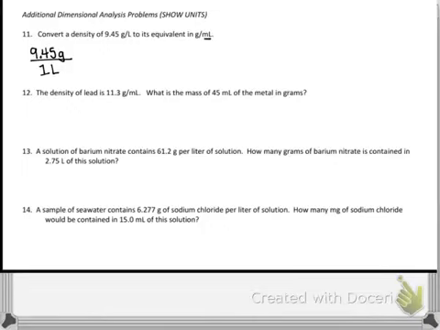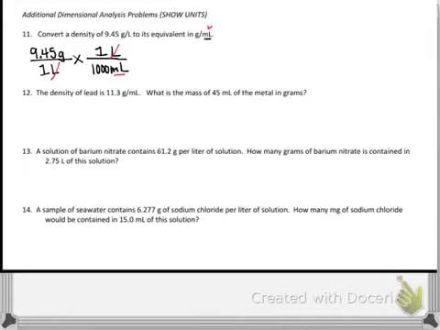So we're not going to be messing with the grams at all. Okay, so we know we want to get rid of liters, and we want to end up with milliliters. Is there a direct link between liters and milliliters? There sure is. We know that 1 liter is equal to 1,000 milliliters. We can now cancel out our liters.